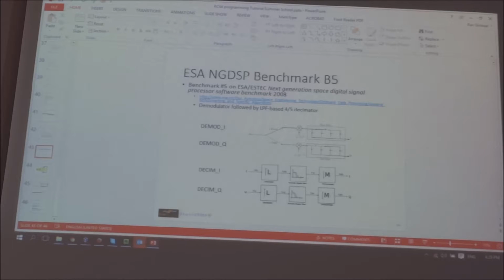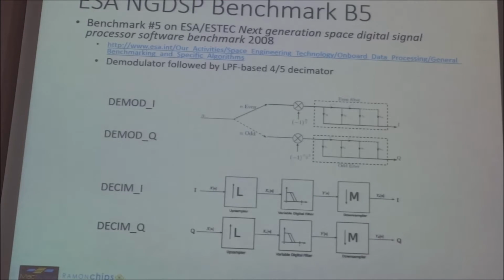So the ESA benchmark is posted on the web, in any link that I just included here. By the way, it's not the benchmark itself that's posted, or the document.